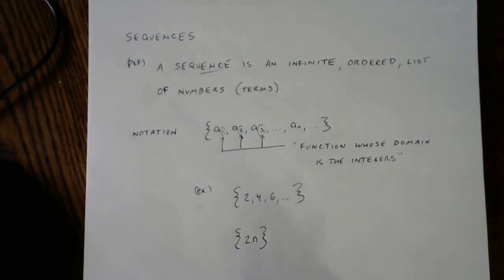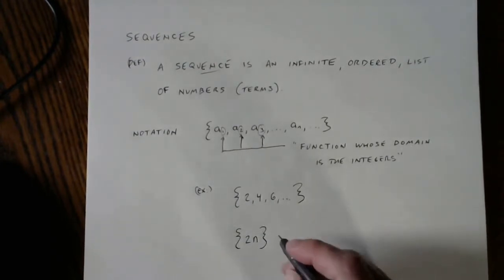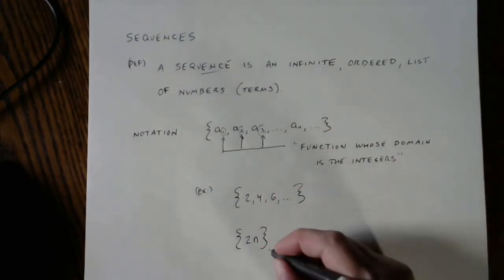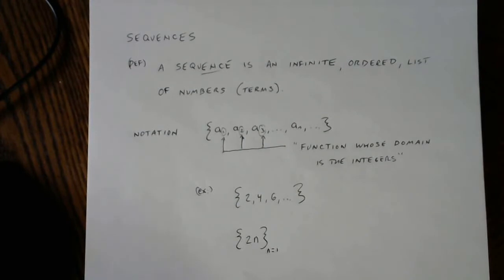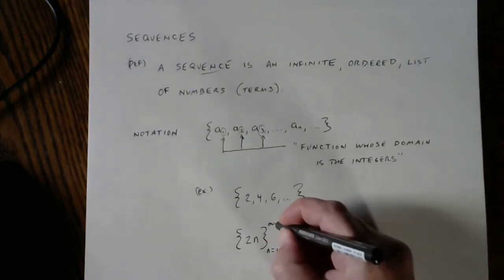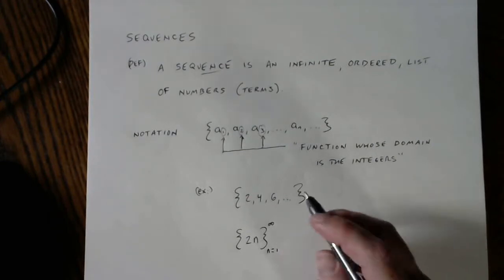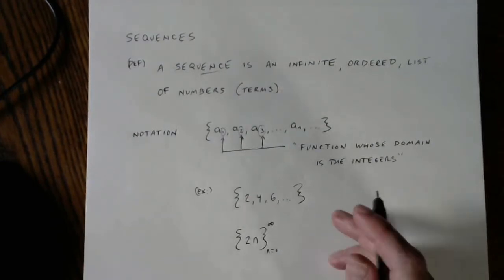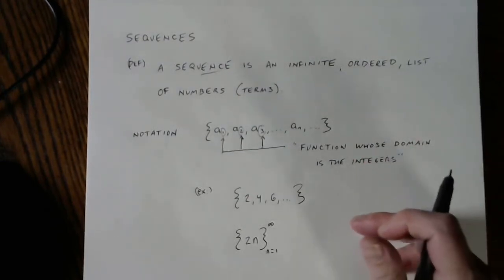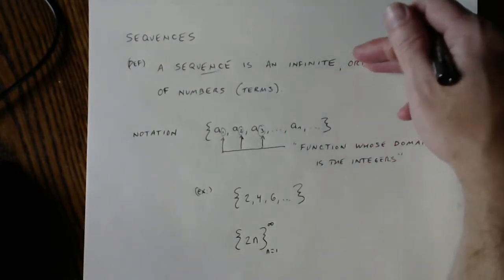So I'm going to say 2n. So this is a possible representation. Oftentimes the counting, the n, is called the index. And you might see the starting point, and of course there is no end, so we use the infinity symbol, but the index starts at 1. So that's your counter: 1, 2, 3, 4, 5, 6, etc.